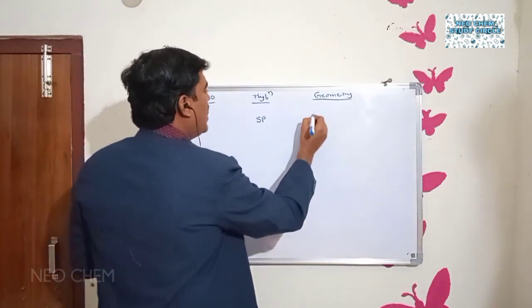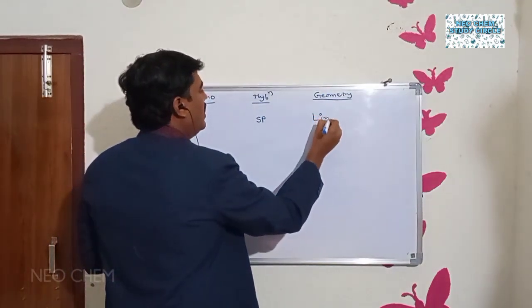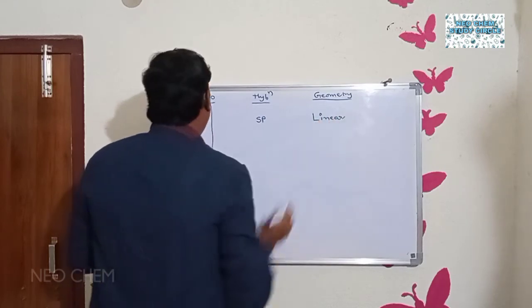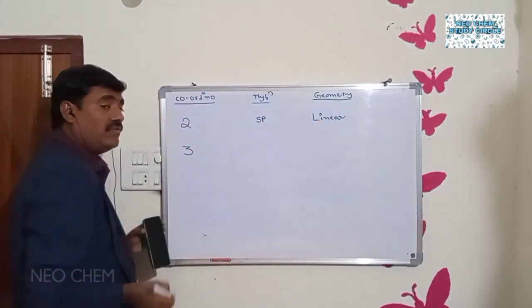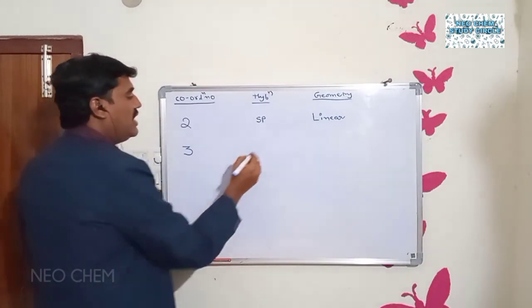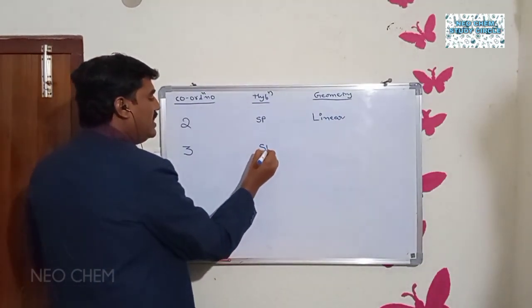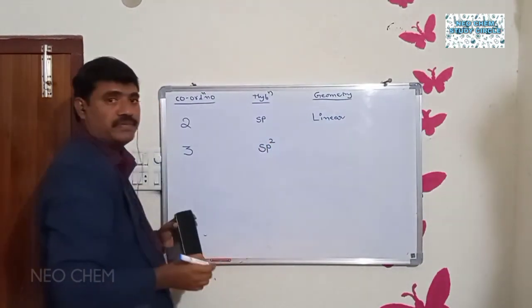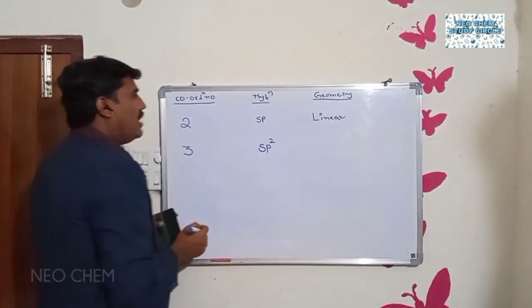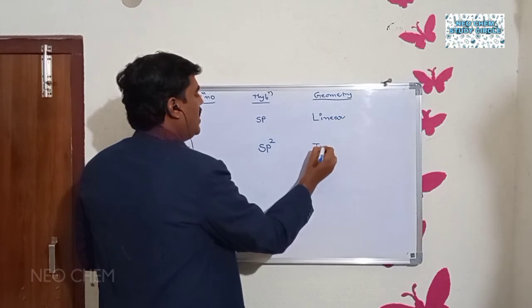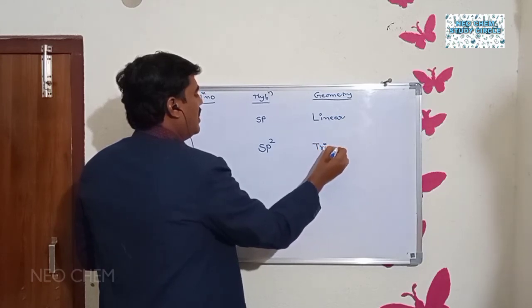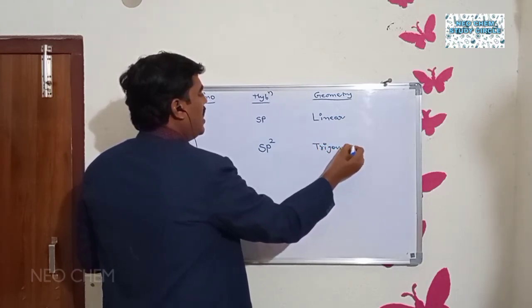Next, geometry is linear. Next, if the coordination number is 3, then we have to select the hybridization containing 3 orbitals. That is sp2. The sp2 hybridized complex compound's geometry is trigonal planar.